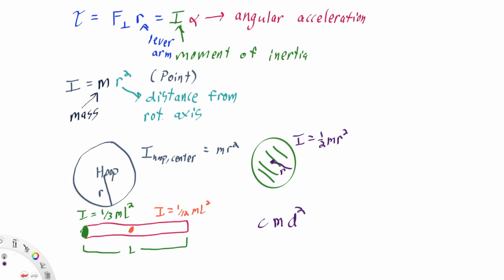If you have a disk and you are spinning it this way, that is the minimum moment of inertia.